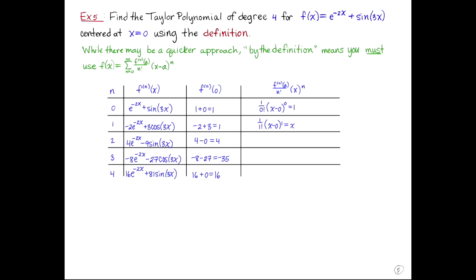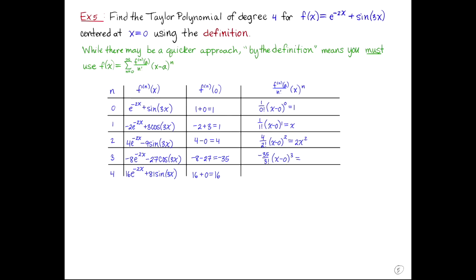When n is equal to 2, we have 4 over 2 factorial times x minus 0 squared, which is equal to 2x squared. When n is equal to 3, we have negative 35 over 3 factorial times x minus 0 cubed.